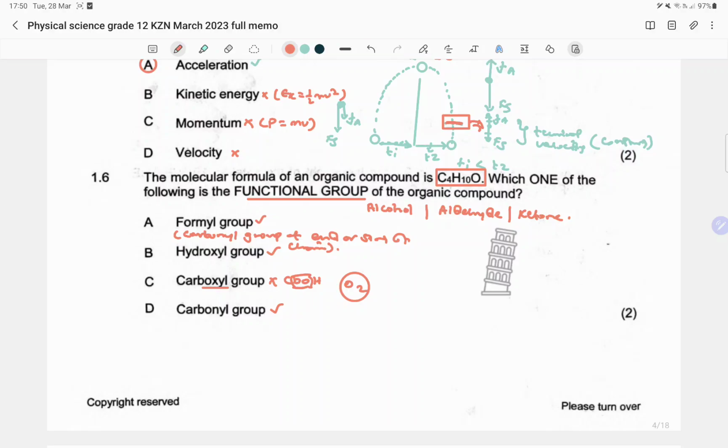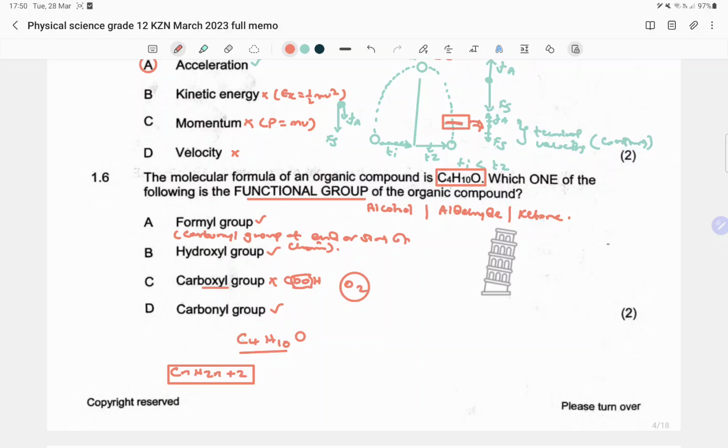Now let's have a look at this molecule right here. C4H10O. Okay, let's just write the O like that. Now what do we do with this, guys? We always look if this portion here matches the general formula of alkanes, CnH2n plus 2.